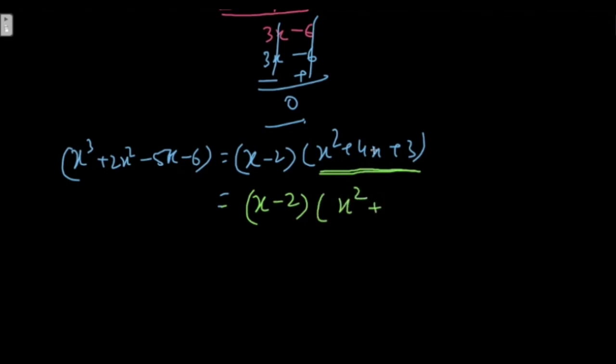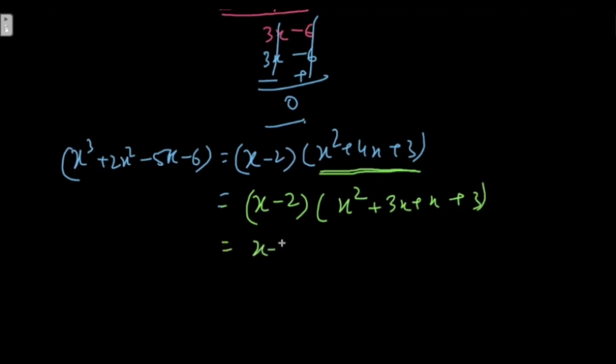We first split this middle term in such a way that sum of the split terms is equal to the value of middle term, and the product of those two split terms is equal to the product of first and third term. So let's split 4x as 3x plus x, and we put here remainder 3.